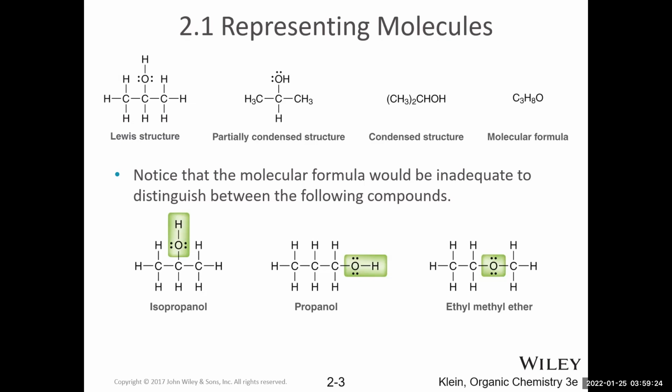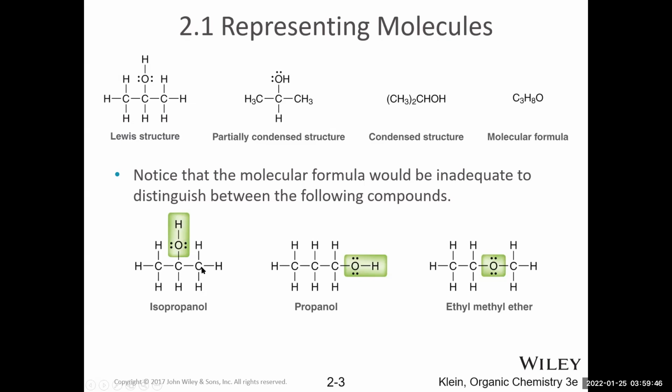So one thing that can really help you figure out how to do that is to think about switching groups. So for example, if you think about starting from isopropanol, how would we get to propanol? Well, we've switched where the OH group is attached. In this case, it's attached to the center carbon.